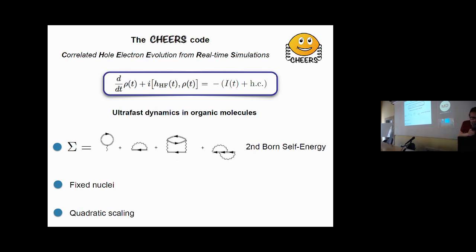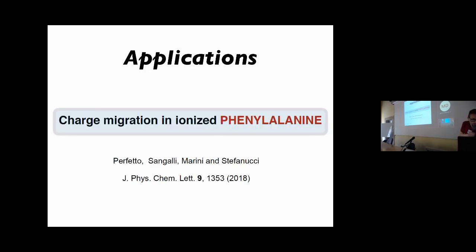So let me show what we can simulate in practice. We want to study the charge migration in an organic molecule, phenylalanine, which is an amino acid. And what is charge migration? Charge migration is a very interesting phenomenon that occurs in a molecule, typically a big molecule, when you ionize it.